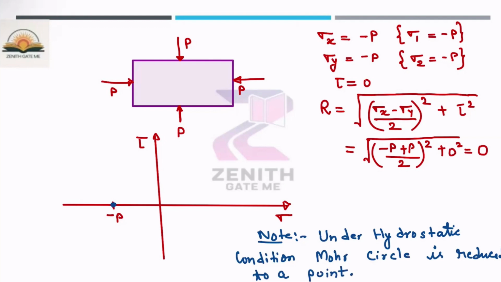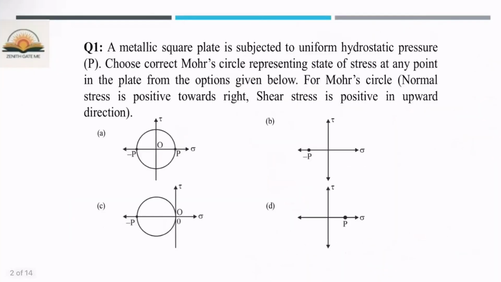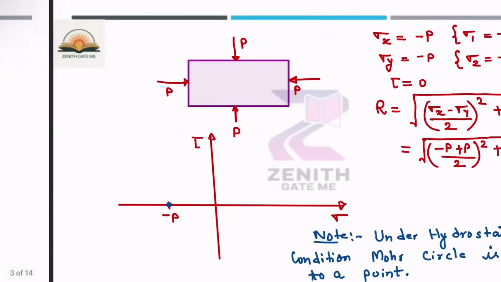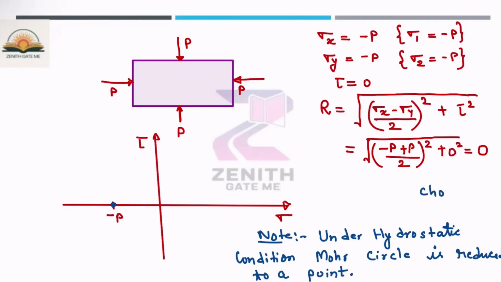Okay. So for this question, what is the correct answer? The correct answer will be option B. Choice B is correct for this question.